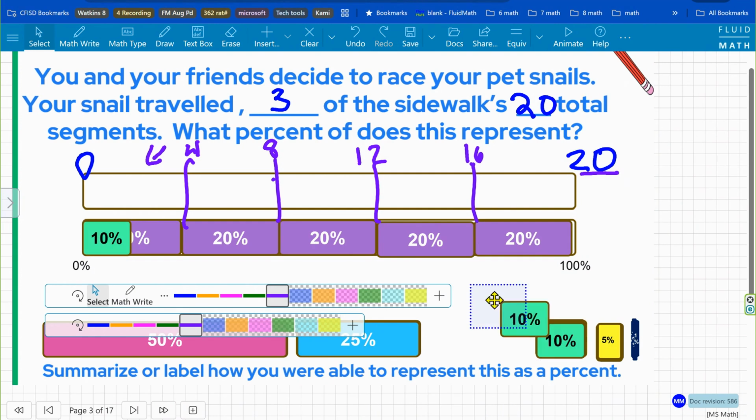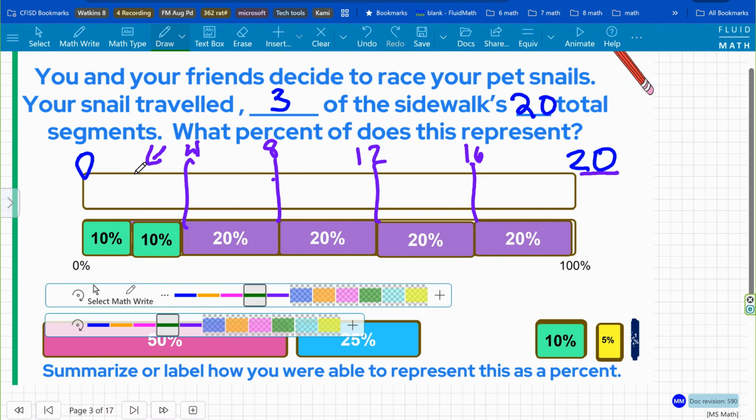If I take my 20 and split it in half, and I take this section right here and split it in half, you'll notice that this now becomes 2. Now I know that my answer is going to be between 10 and 20% because I'm looking for the value that's going to be somewhere in here.